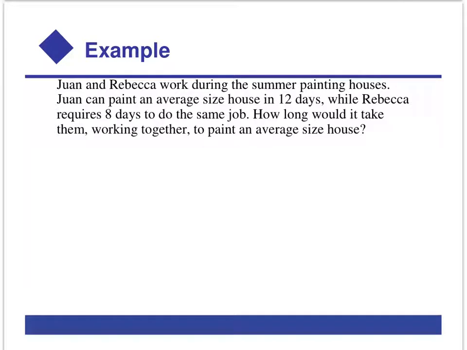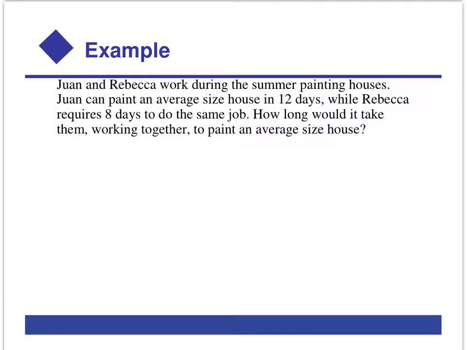You can also try to assume that each is painting half of the house. That's not going to work either, because if one does half of it in 12 days, that's 6 days. And if Rebecca does half of it in 8 days, that's 4 days. You add those together, that's 10 days. That doesn't make sense either.